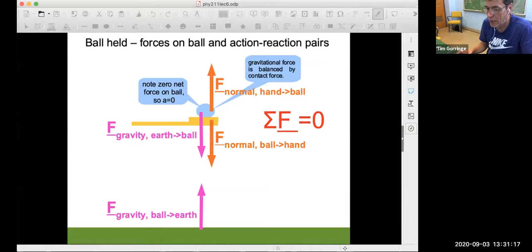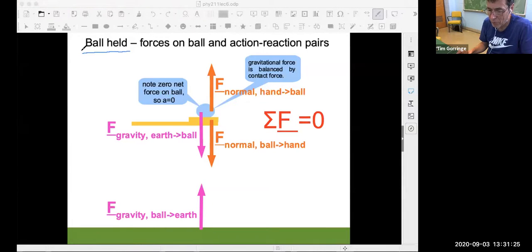Let me get my pen going again. So here the ball is held. And in yellow here, this is meant to be my hand. And in blue here, this is the ball. And we're going to focus on the forces on the ball to begin with.